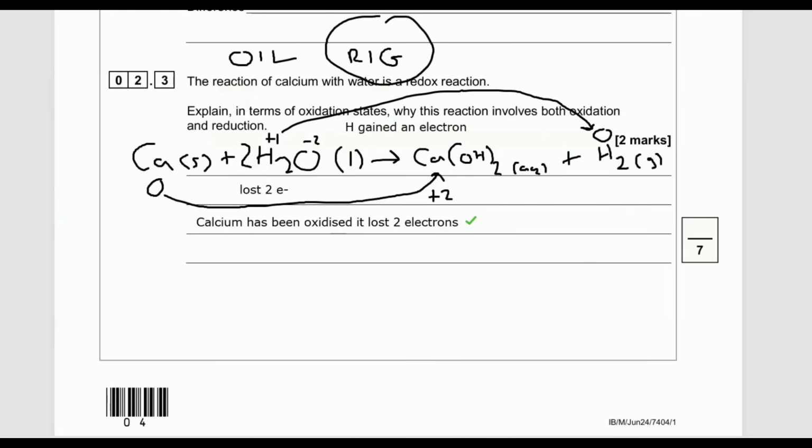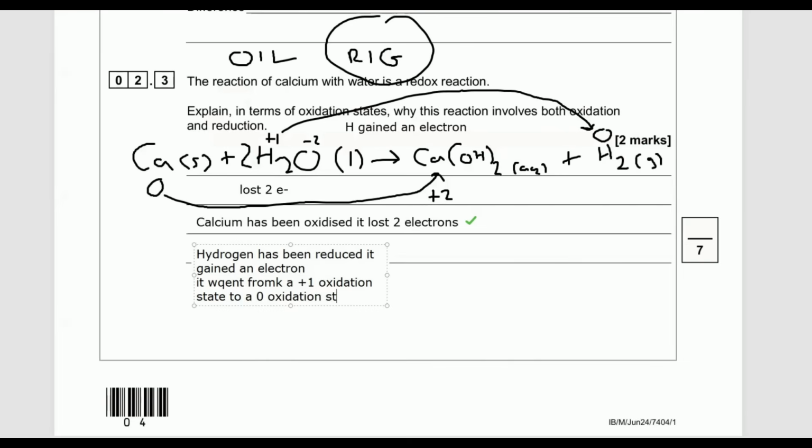So we want to say hydrogen has been reduced. It gained an electron. Now, if we really want to over-explain it, we can say it went from a +1 oxidation state to a zero oxidation state in elemental form.